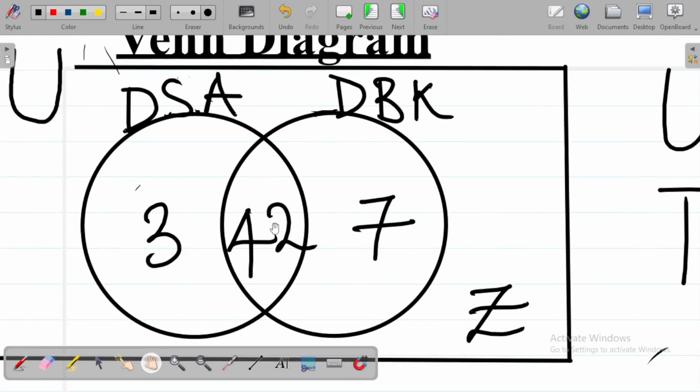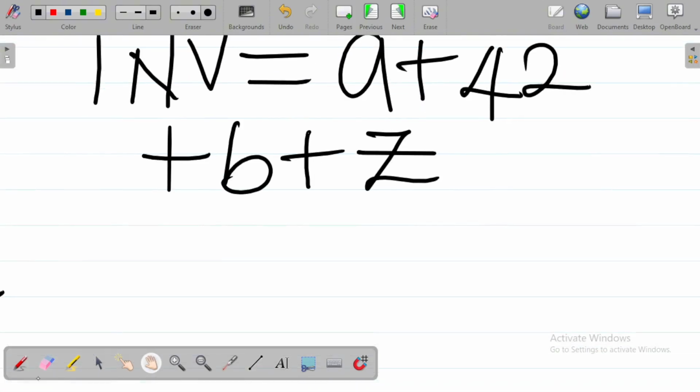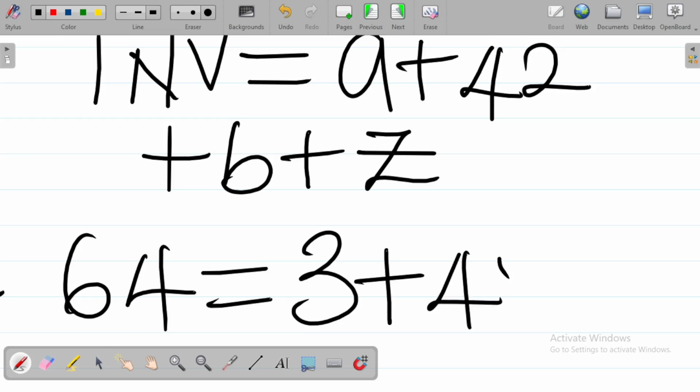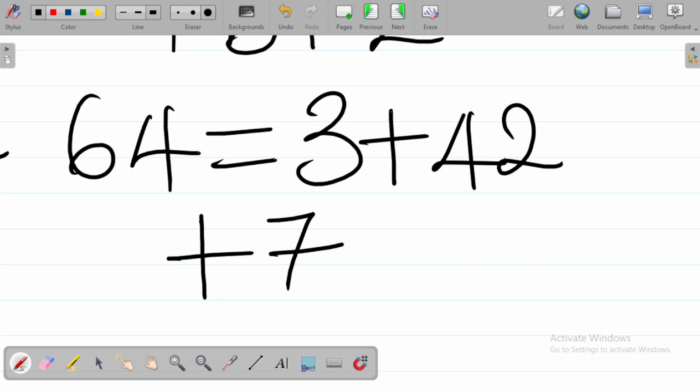A is 3, B is 7, we have 42, and we have Z. So now let's substitute. The value of TNV, total number of voters, which is the universal set, is 64. So we have 64 is equal to, the value of A is 3, and then plus 42. And then plus, the value of B is 7 plus Z.